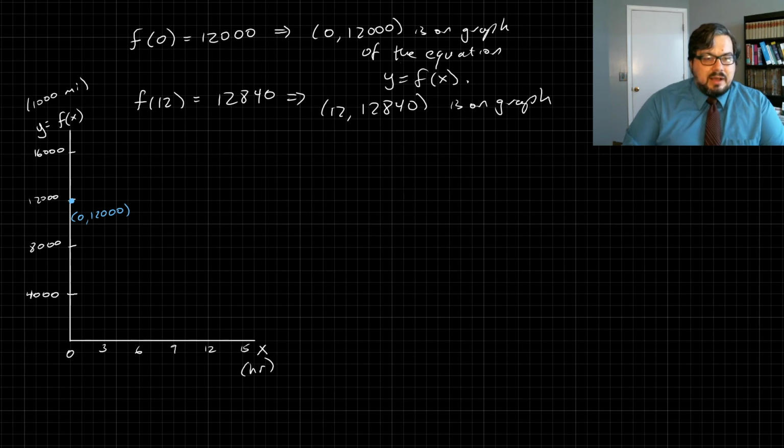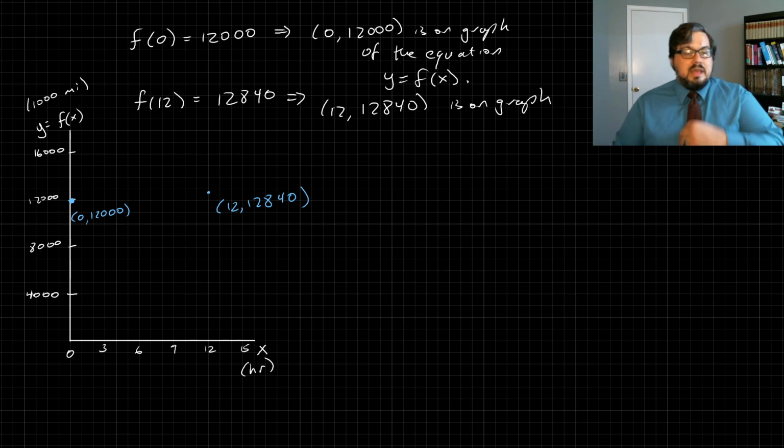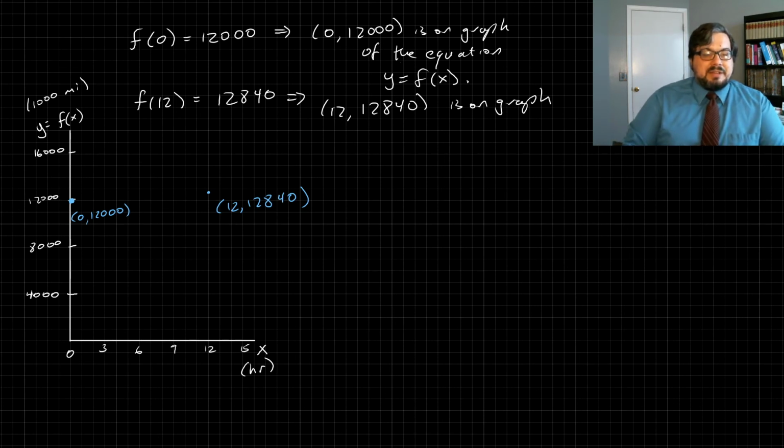Now, I'm going to have to approximate this because, of course, I don't have 840 exactly listed here, but I can sketch out (12, 12,840). And my odometer reading, as I move from the left point to the right point, could do lots of different things. I'm just going to sketch out a few of them there.